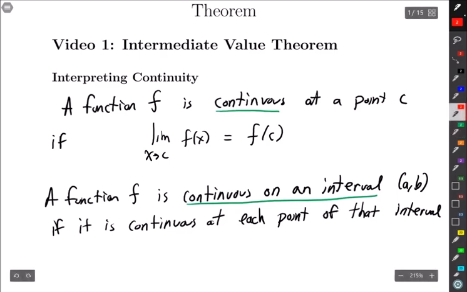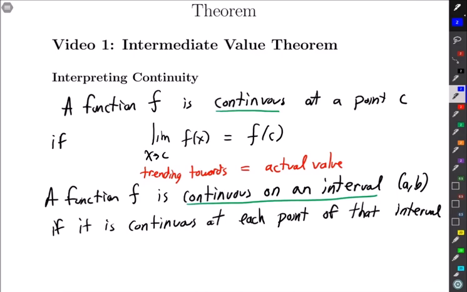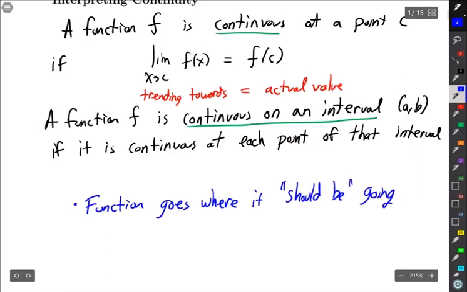So what the function is trending towards is equal to the actual value. And how we can interpret this is that the function's going where it should be going. That is, if it's trending towards a point, that's the point it lands on at that value.